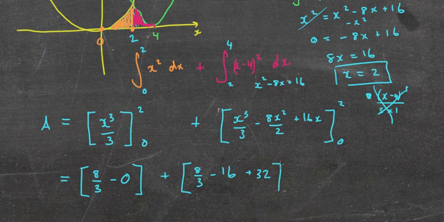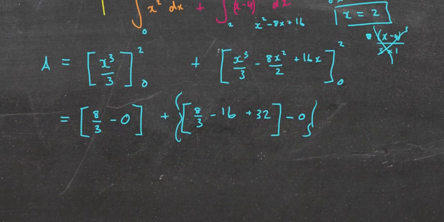And then for that one, if I do my subtraction part of it, it's going to be 0 anyway. That won't always happen, but most of the time it will. So if I now put that into my calculator, that's going to give me a nice answer of 5 and 1/3 units squared.